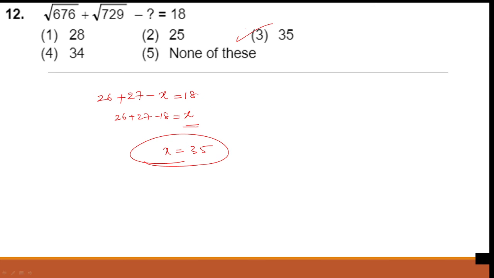So this is, you know, the values of root 676 and root 729. Okay, I'll tell you the method. To find root 676, you know the method, last digit and the remaining, sorry, once again, last two digits we need to divide.